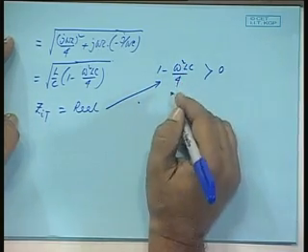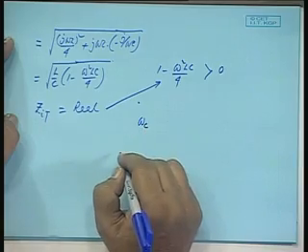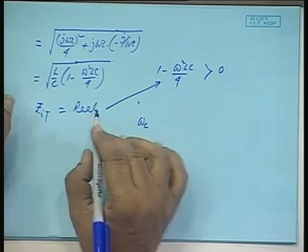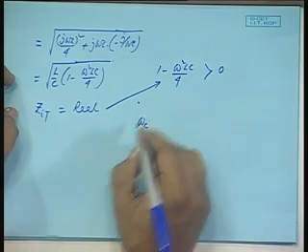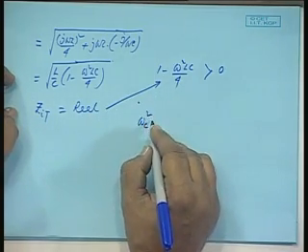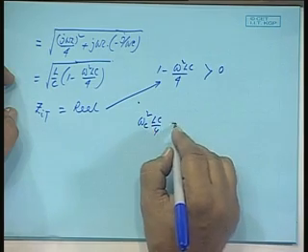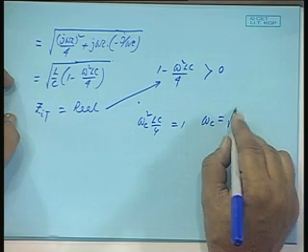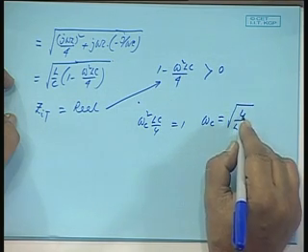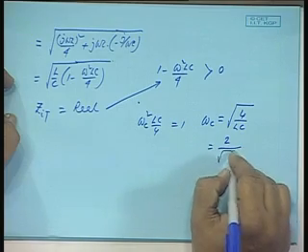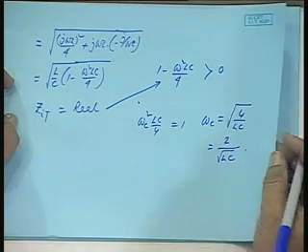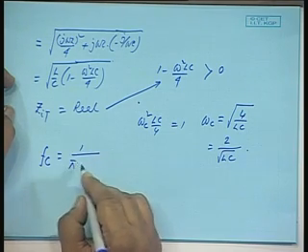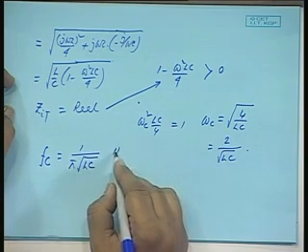Now, at the critical value omega c, this will be equal to 0. So, this will just cease to be real when omega c squared L C by 4 is equal to 1, or omega c is under root 4 by L C, that is equal to 2 by root L C. So, the corresponding frequency will be 1 by pi root L C hertz.